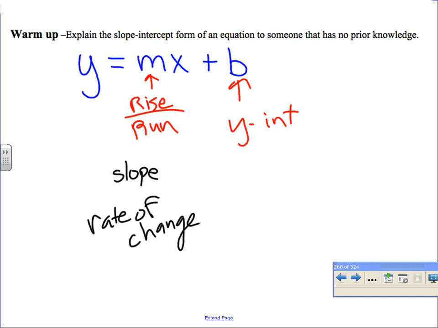What about the y-intercept? What else could you say? What's another word you could say for the y-intercept? Ray? Nope. It's another name for y-intercept. Jordan? Say that again? The base? What do you mean by that?